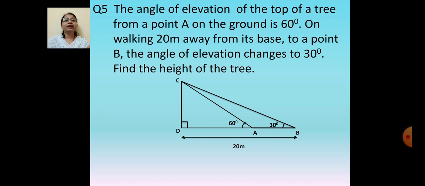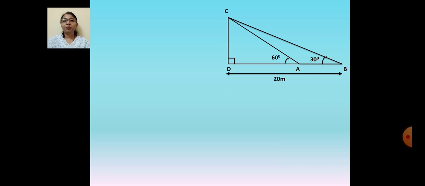From the diagram, it's very simple, children. With respect to 30 degrees, the adjacent side is known to you. This complete DB length is 20 meters. We just have to find this CD length. So which ratio will help us? Let us see. Okay, I copied the diagram again.